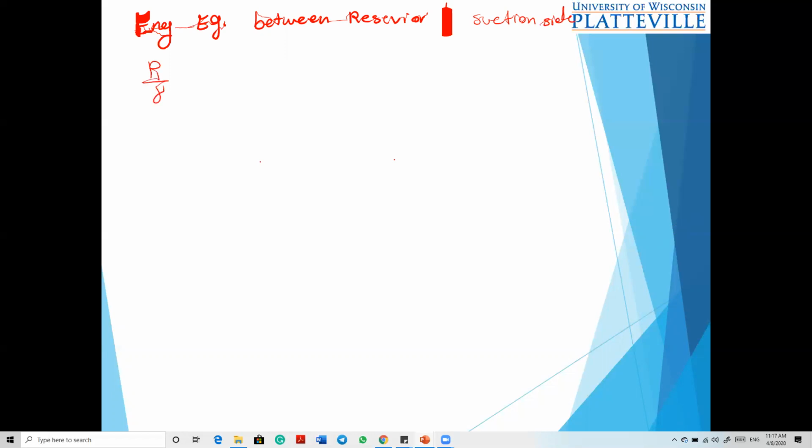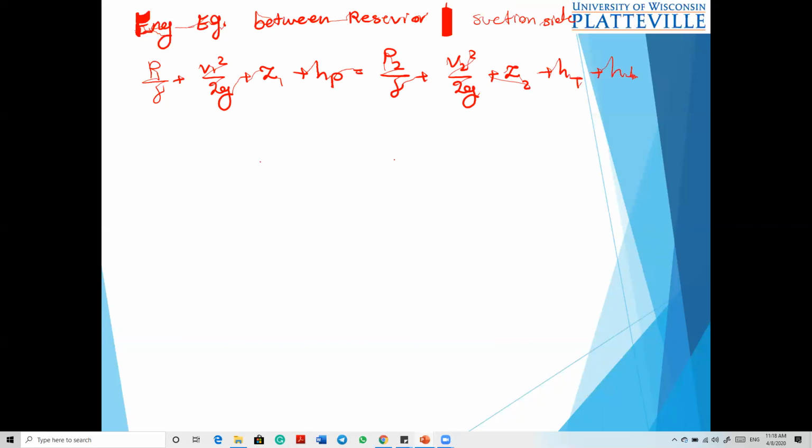It's P1 over gamma plus V1 squared over 2g plus Z1 plus head for pump equals P2 over gamma plus V2 squared over 2g plus Z2 plus head for turbine plus head loss.